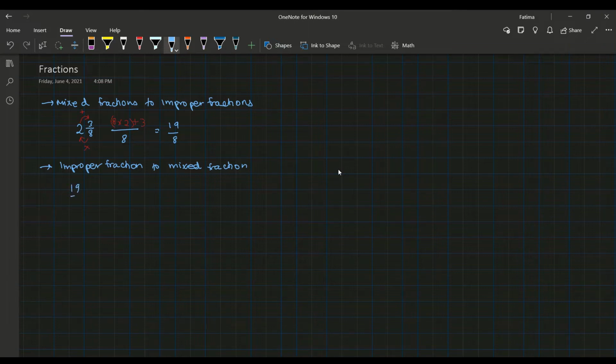We'll start off with 19 by 8, and whenever we do this long division, 19 is supposed to go inside and 8 is supposed to go outside. So the denominator stays out and the numerator goes in. So just a very simple basic way of doing this is 8 into 2 gives you 16, but 8 into 3 gives us more than 19. 8 into 3 actually gives us 24. So we'll have to use 8 into 2 to give us 16, and the difference between that is 3.